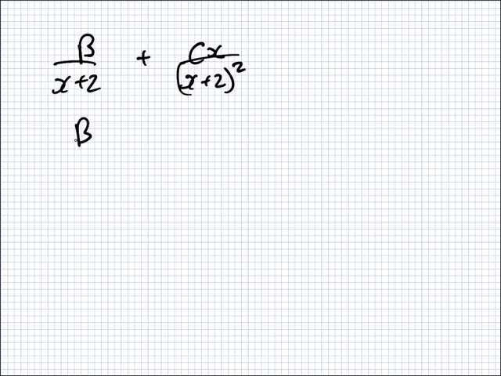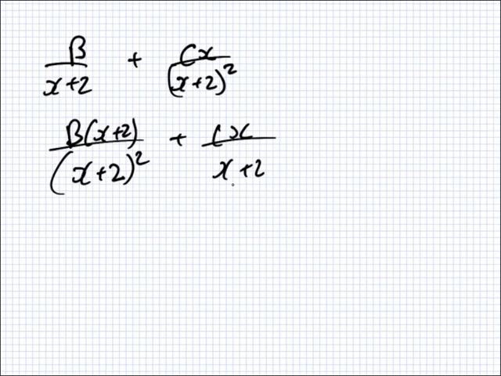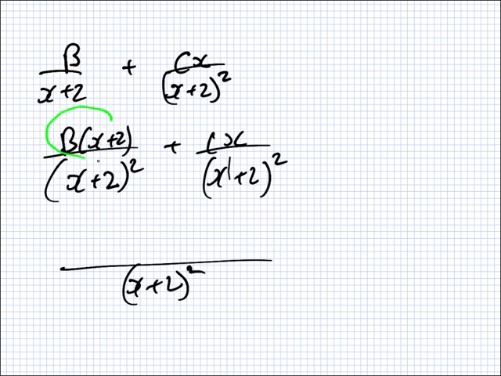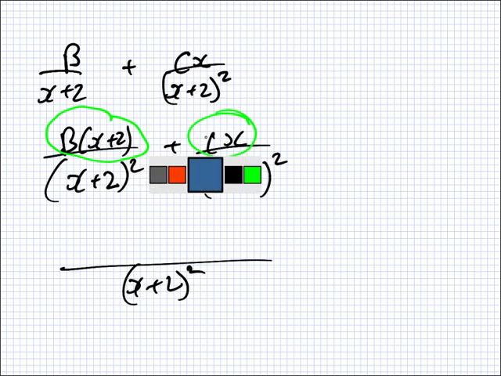I could change that into B(x plus 2) over x plus 2 squared plus Cx over x plus 2 squared, yes? Which means I could put it all over x plus 2 squared. This is linear. This is linear. If I add them together, what do I get?